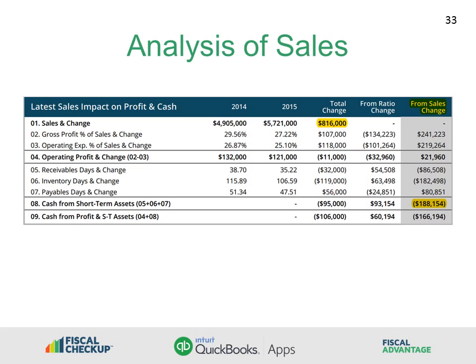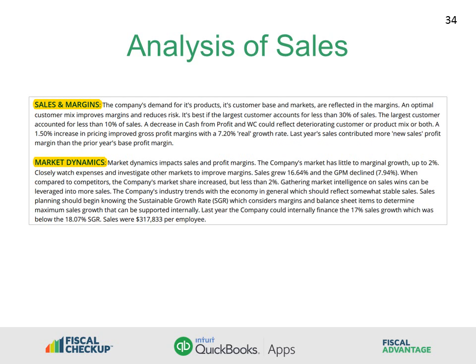We can also see that the working capital used to fund the $816,000 sales increase was over $188,000. This means the $816,000 of new sales consumed $188,000 of working capital.